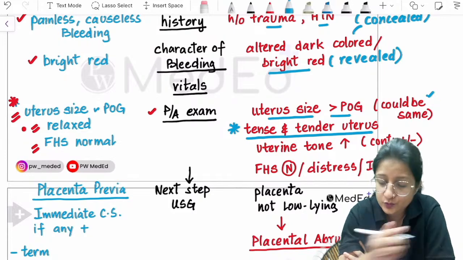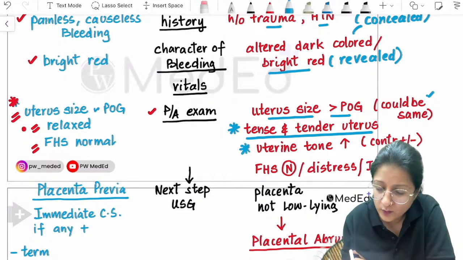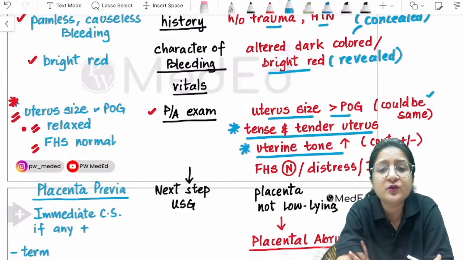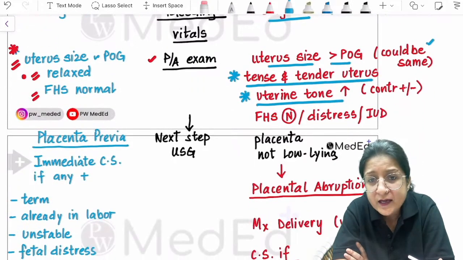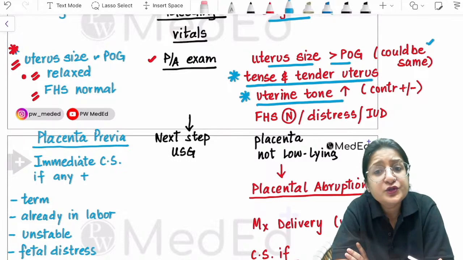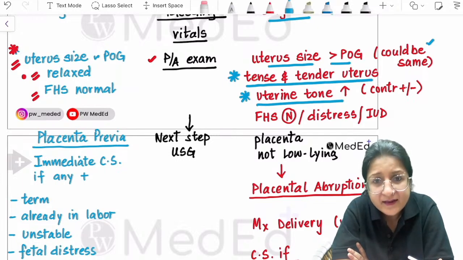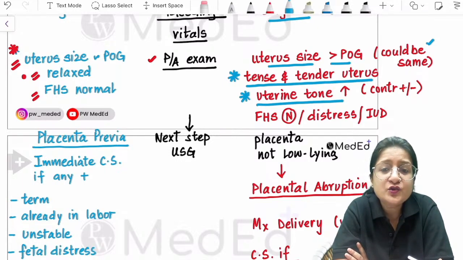Tense and tender uterus, or the uterine tone is going to be increased, because like we saw in the previous question, the woman is getting contractions also. So she could be getting contractions because she could be in labor already, and in between contractions the uterus will not completely relax. That is what it means to have increased uterine tone.